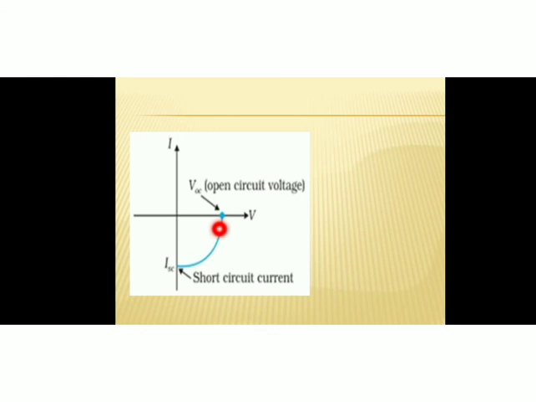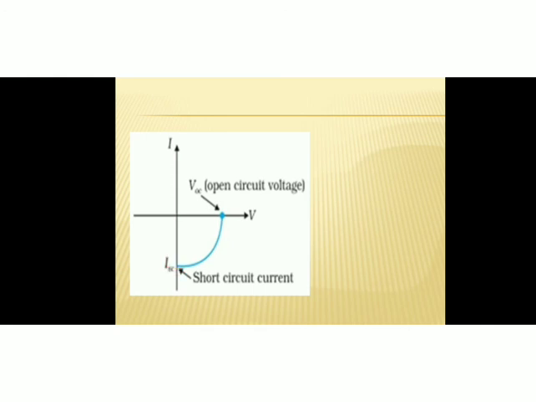Electron hole pairs are generated by the sunlight falling on the solar cell. So no voltage source is used, but still voltage is there and current flows. In the absence of an external voltage source, a photo voltage is established and a current flows. This is the VI characteristics of open circuit voltage and short circuit current.